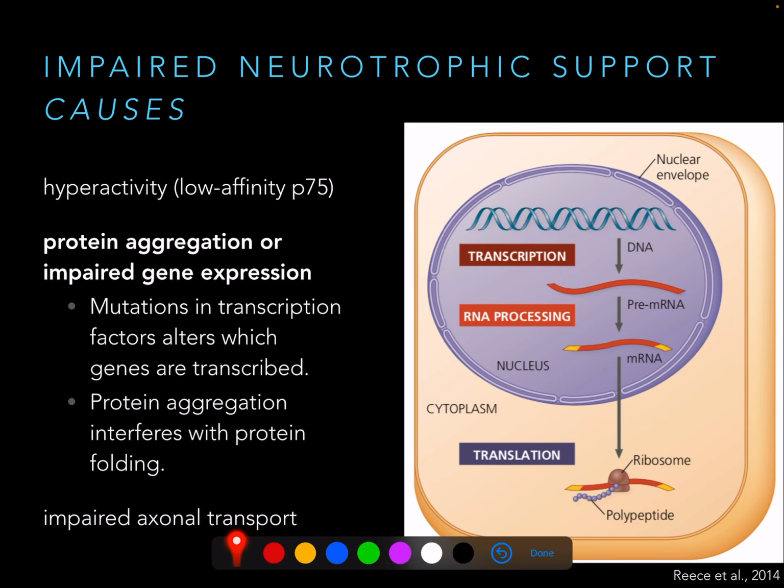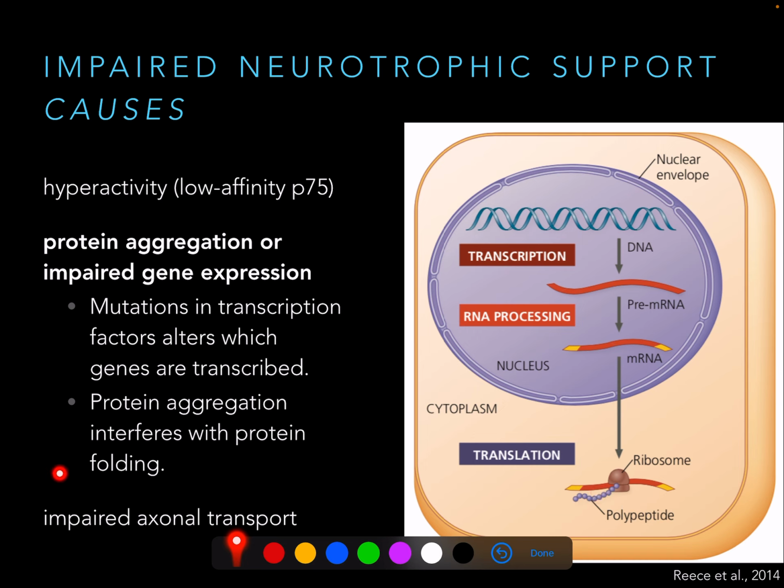Another thing that can impair neurotrophic support is anything that interferes with our ability to make proteins and move them around in the cell. So protein aggregation disorders, or anything that impairs gene expression, mutations, for example, in transcription factors, those can change which genes we make and how much of them we make. If we don't read the DNA correctly and make the correct amount of mRNA, we won't make the correct amount of protein.